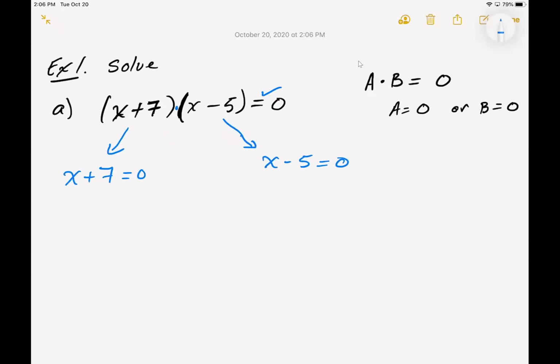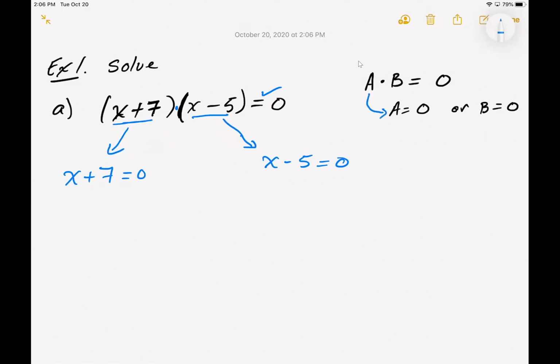So all I did was take x plus 7 and set it equal to 0, and take x minus 5 and set it equal to 0, because that's what the rule tells me.